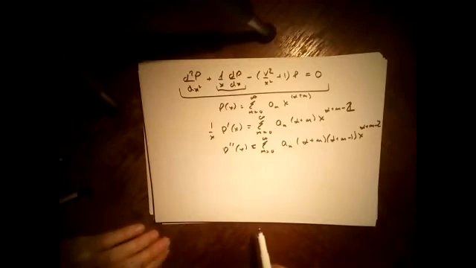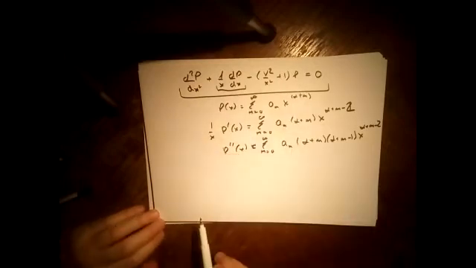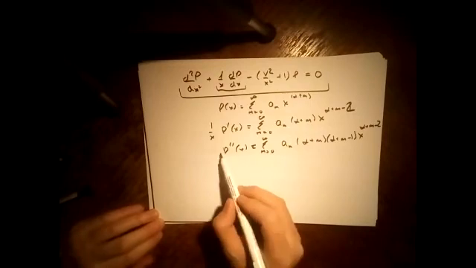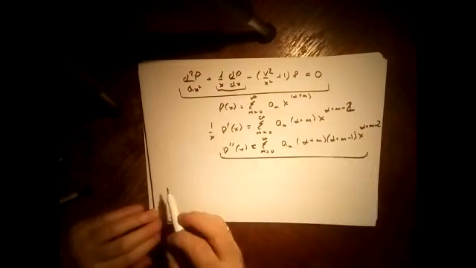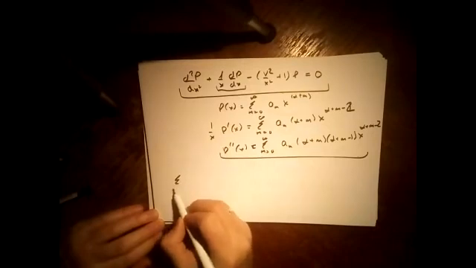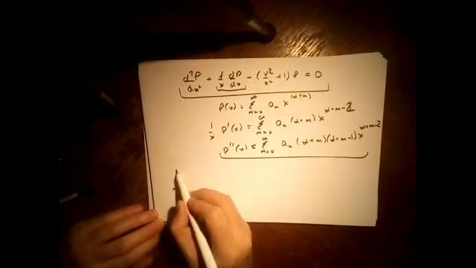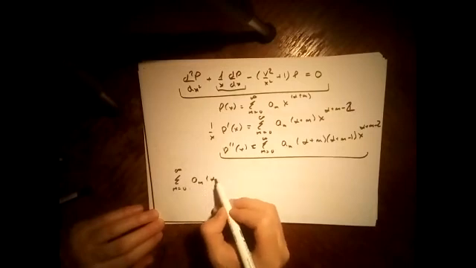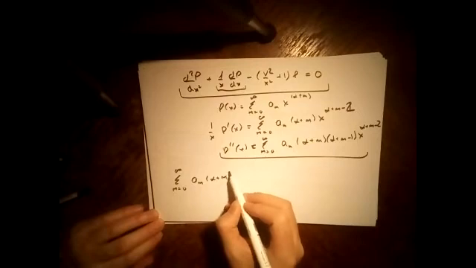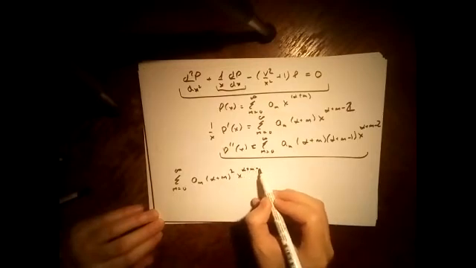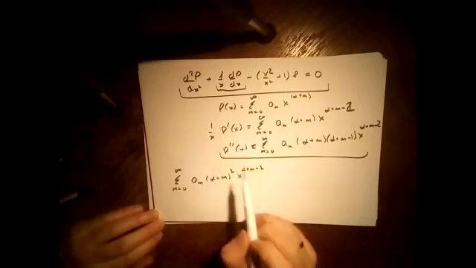So basically my equation, when I substitute here, can be rewritten. I'm going to sum these up. That's easy. These first two terms are going to give me the sum from m equals 0 to infinity of am times alpha plus m squared, times x to the alpha plus m minus 2.